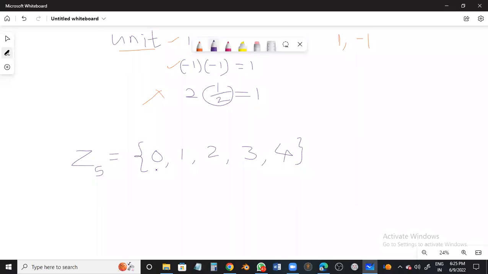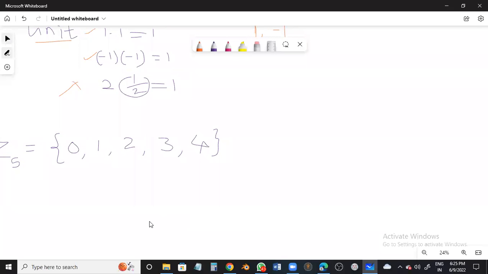Once you prepare the multiplication table for Z5, you'll come to know that every element has an inverse in it. So you can check for it. You can have elements over here: 0, 1, 2, 3 and 4. Never forget we are in Z5, means whatever operation we perform, the answer is divided by 5 and the remainder is taken as the answer.